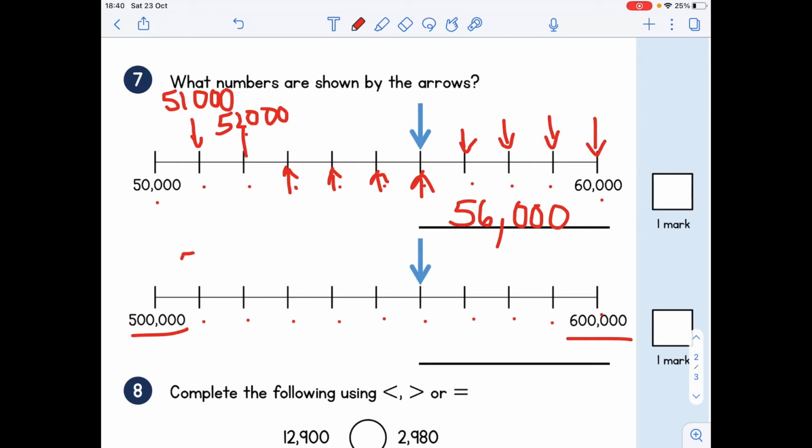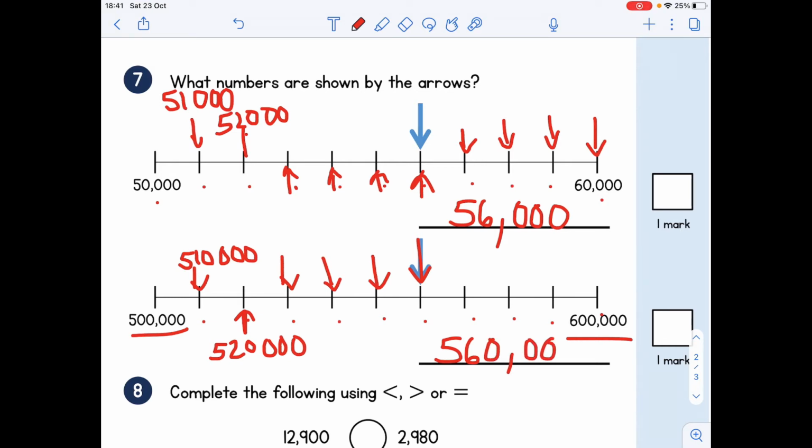So 510,000 would be this one. This one would be 520,000, 530,000, 540,000, 550,000, 560,000.